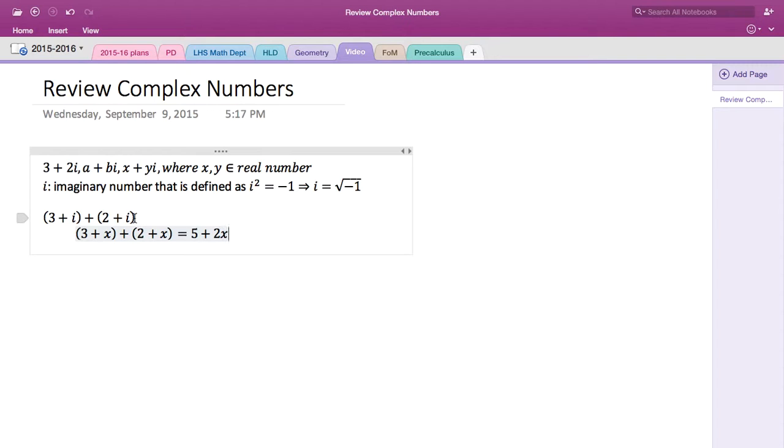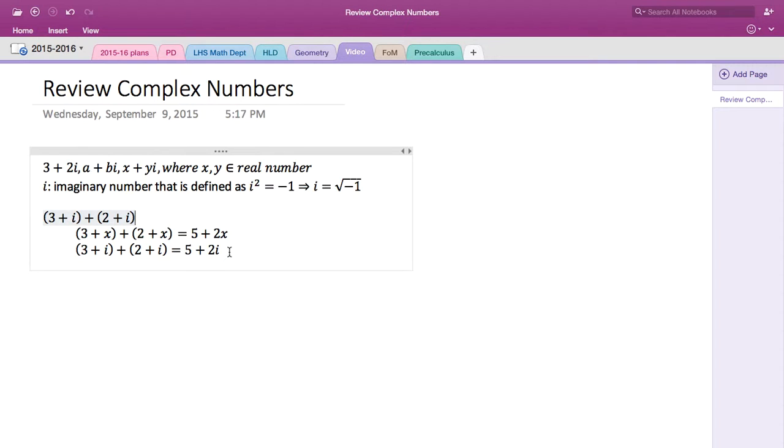So i is a number, so you can do very similar things: 3 plus i instead of x, plus 2 plus i, that should be 5 plus 2i.